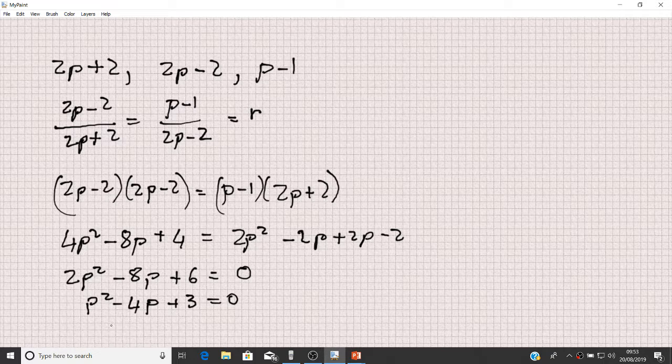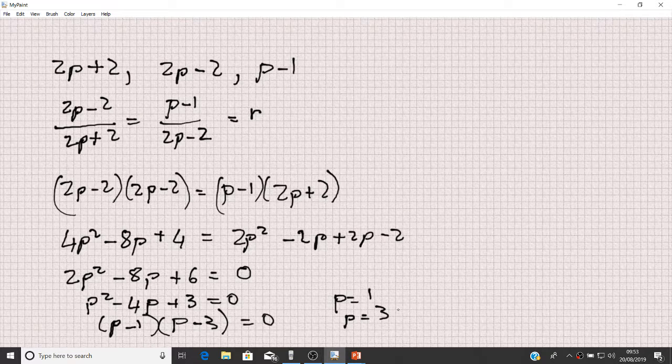I can factor to give me negative 3, negative 1. So I'll have p minus 1 or p minus 3 equals 0. That in fact gives me two possible values of p. So p could be 1 or p could be positive 3.